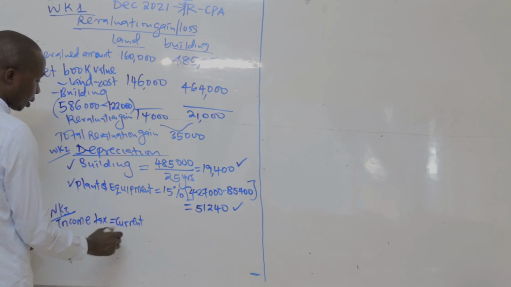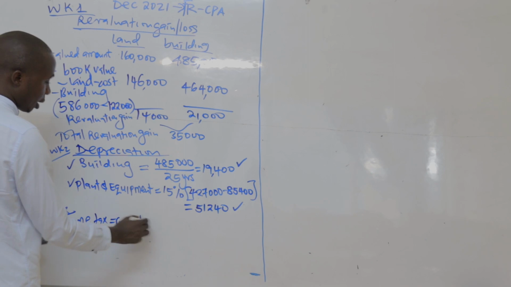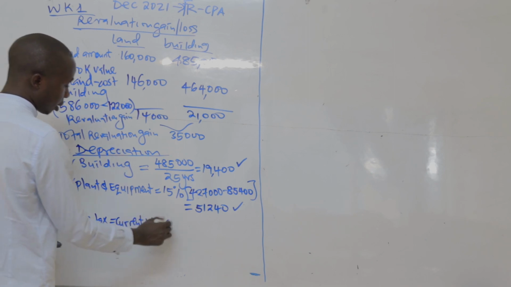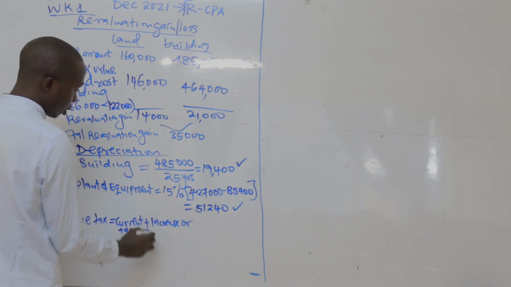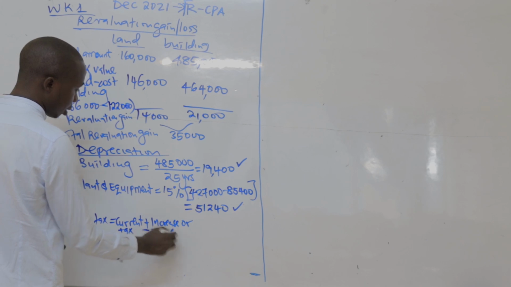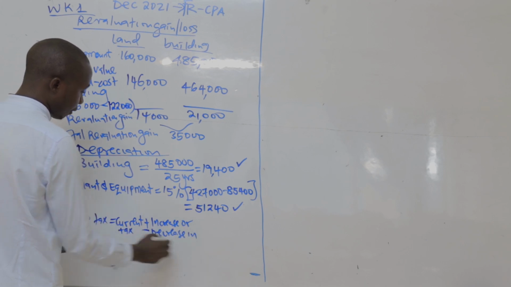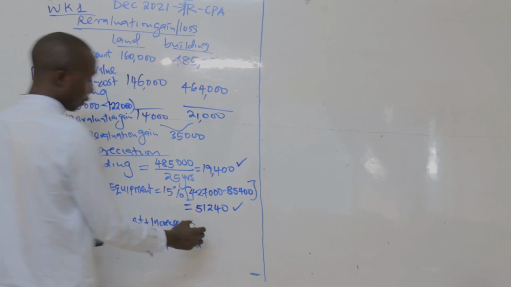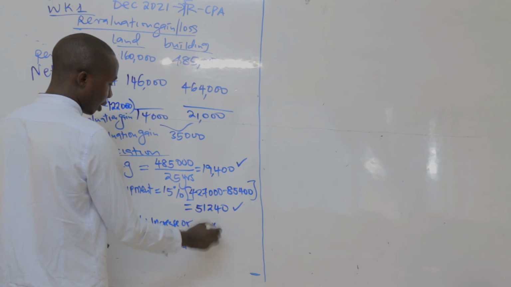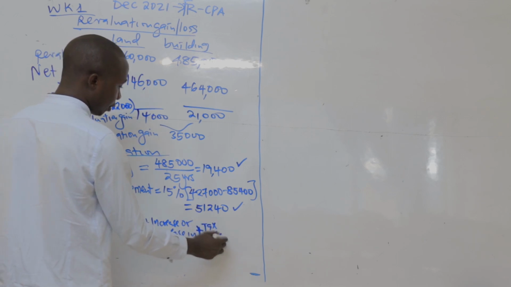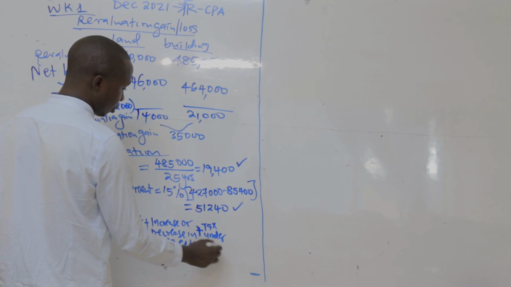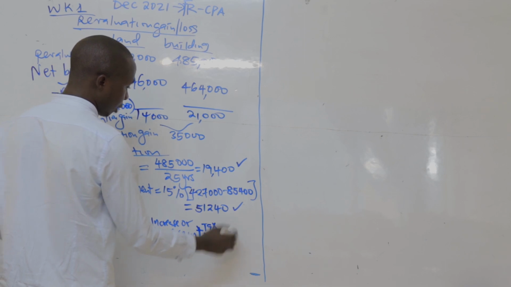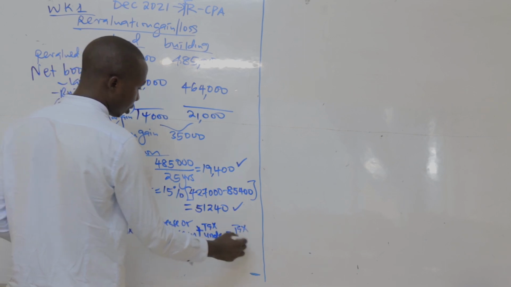So income tax is equal to the current tax plus or minus the increase or decrease in deferred tax, plus tax under provision, minus tax over provision.